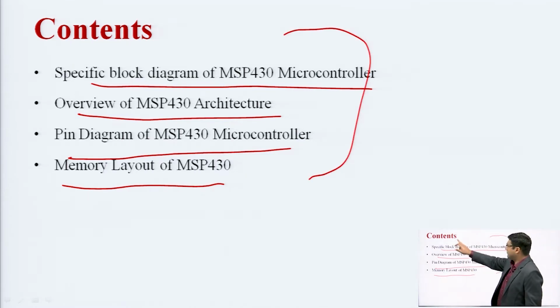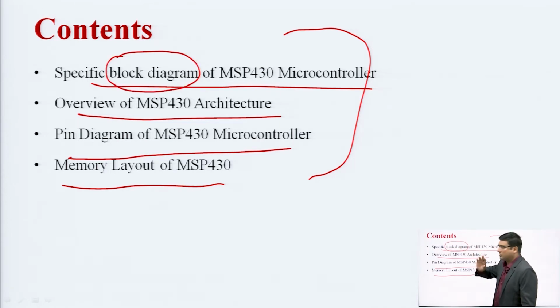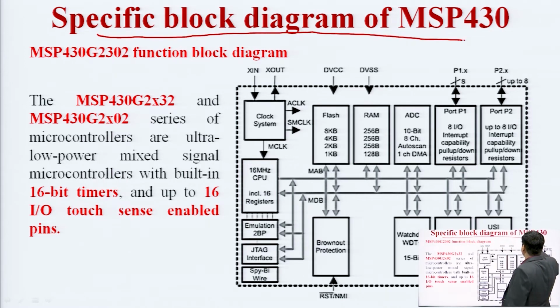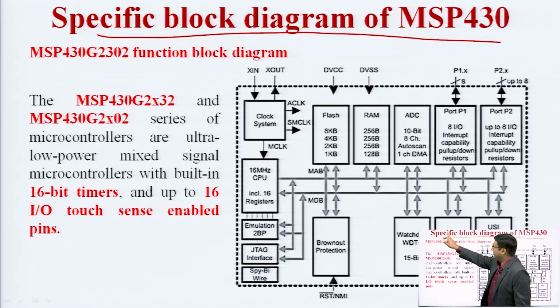In the previous lecture we discussed a general block diagram of the MSP 430 microcontroller, but today we will discuss the specific block diagram. There are various series of microcontrollers available, as we have seen. So let us start with the first topic, the specific block diagram of MSP 430. What is the meaning of specific?